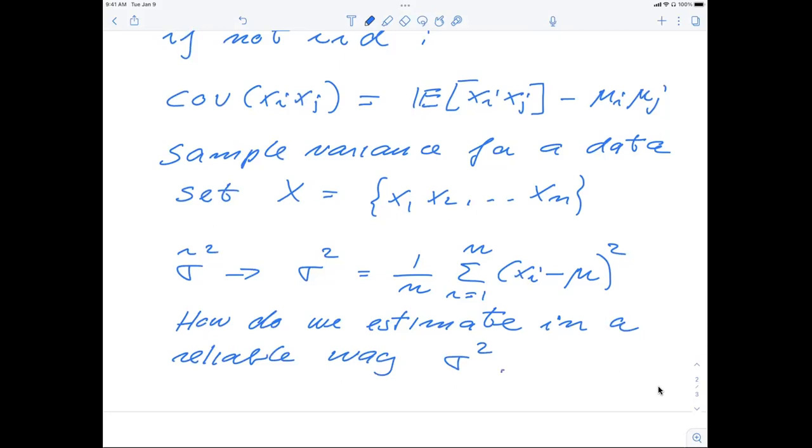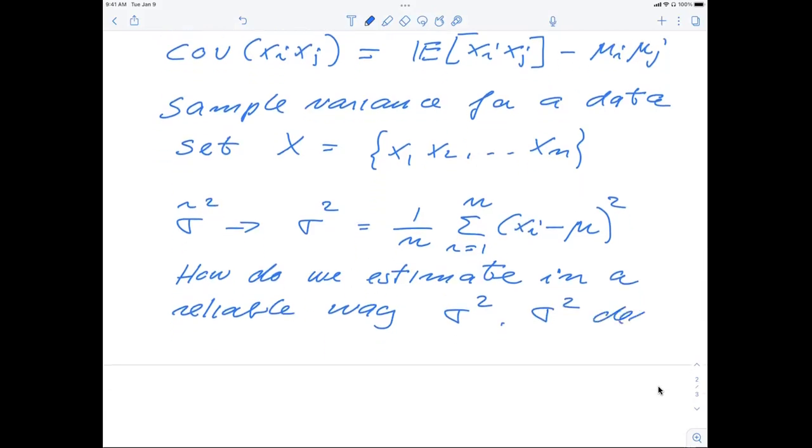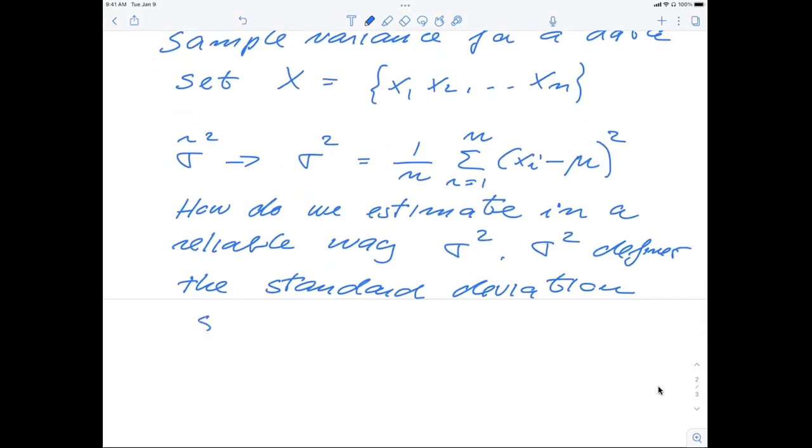And this sigma squared defines the standard deviation. The standard deviation is normally shortened to STD, and that's essentially the square root of sigma squared, which in our case is just sigma.